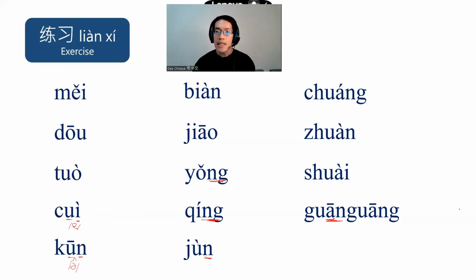But if there is an NG at the end, you should use the root of your tongue. 光. So this one should be 观光. And the final one.